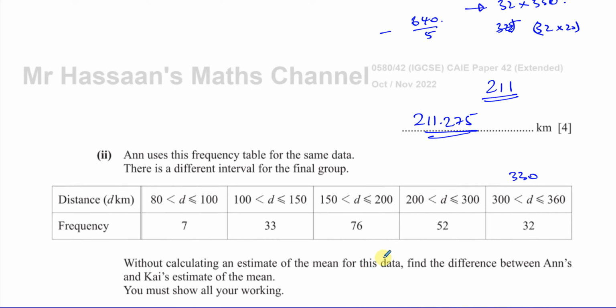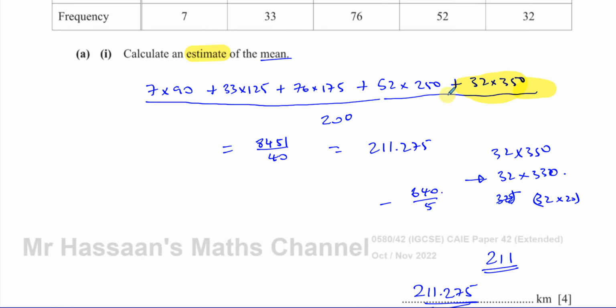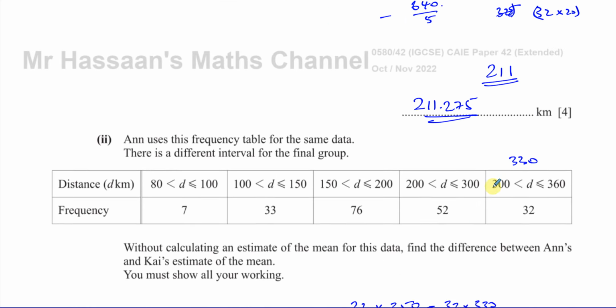It's like you've taken this and separated it into a separate fraction. So this is going to be over 200. And the mean is going to be basically this plus the difference between these and those.